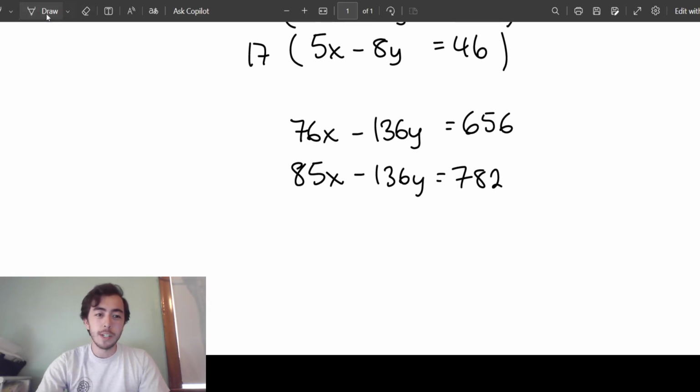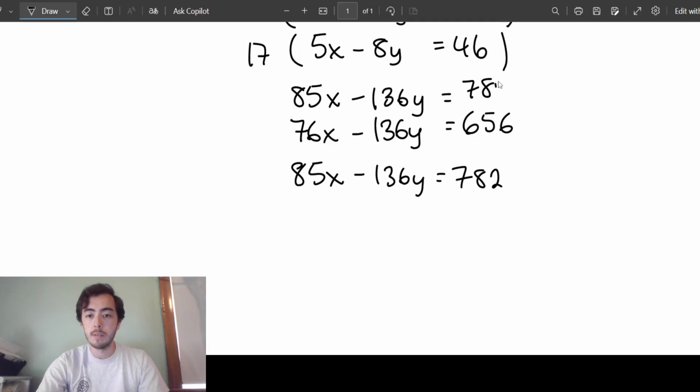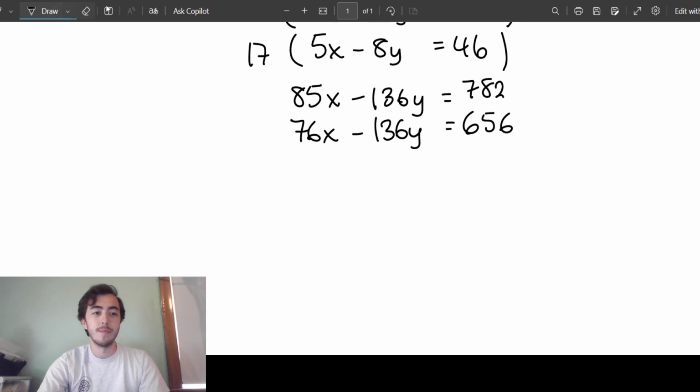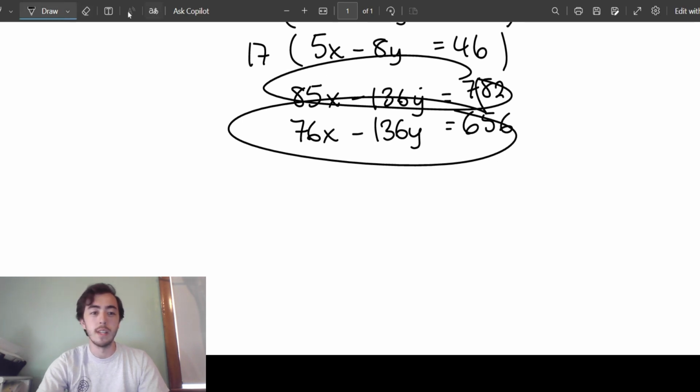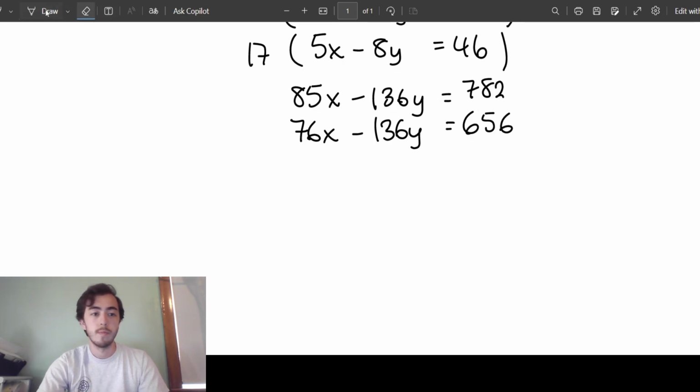I think I will actually put this equation on top of the other one because I think it'll be nice to subtract one equation from the other here. And I do like to subtract when my top values are bigger than the bottom ones. So subtracting will cancel these terms out.